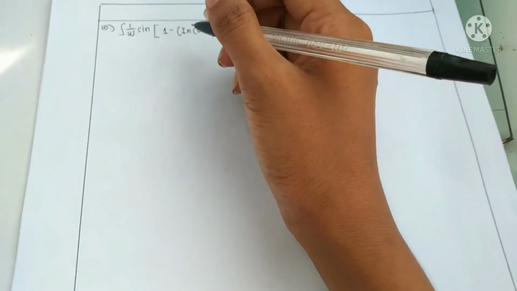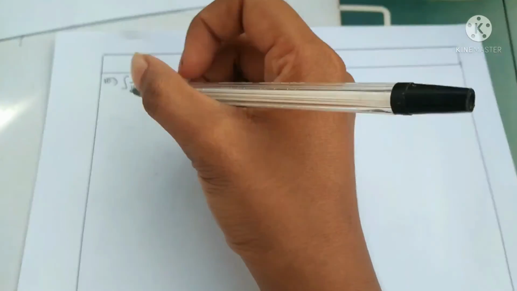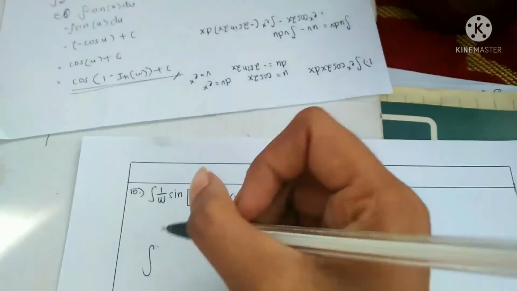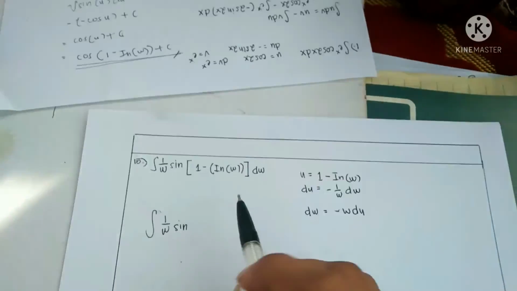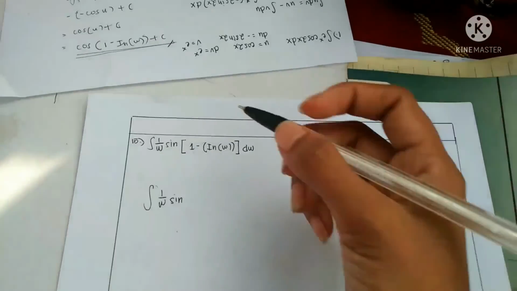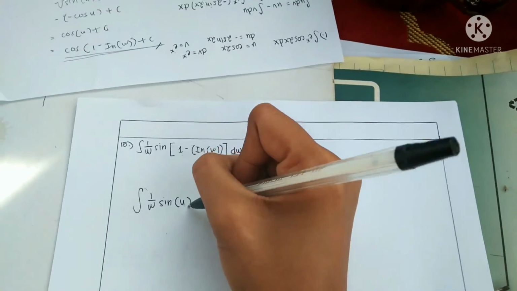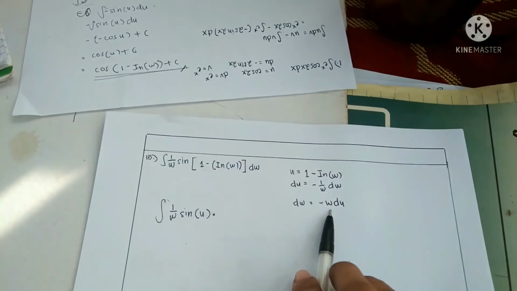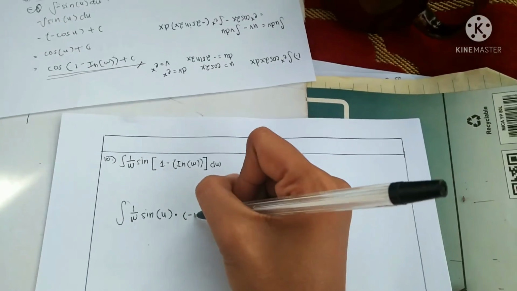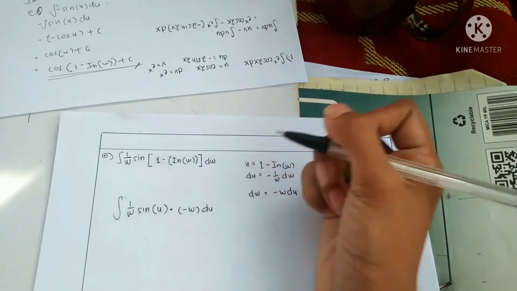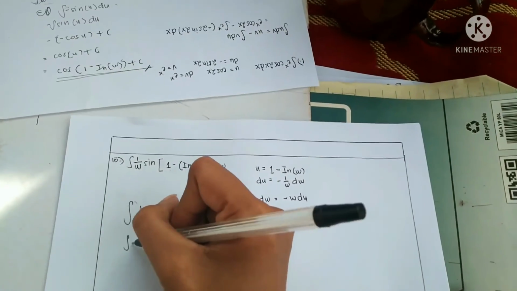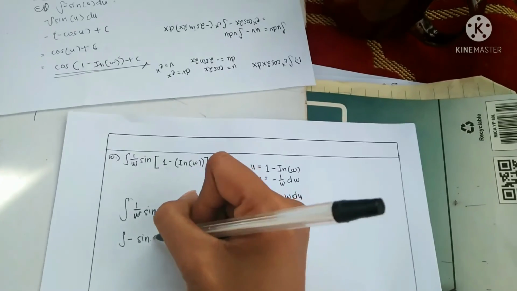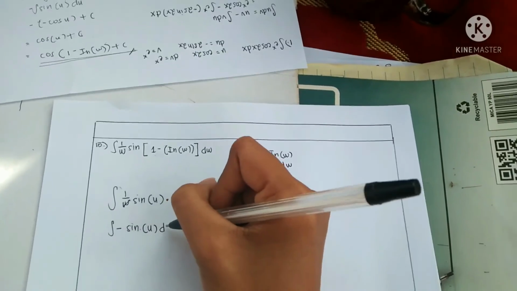So, next is integrate na natin. So, the integral of 1 over w sine, tapos ito is u natin to, so we'll just write like this, times yung dw natin, which is negative w du. So, makakancel tong w dito. Matitira is negative sine u du.